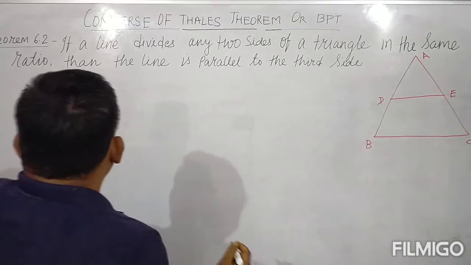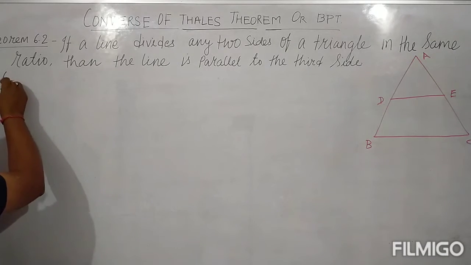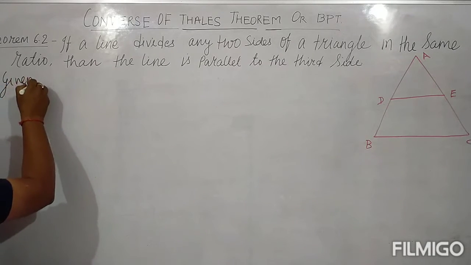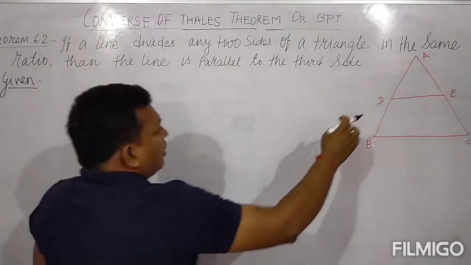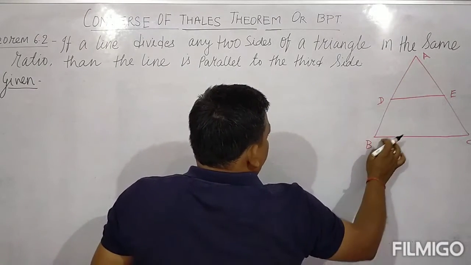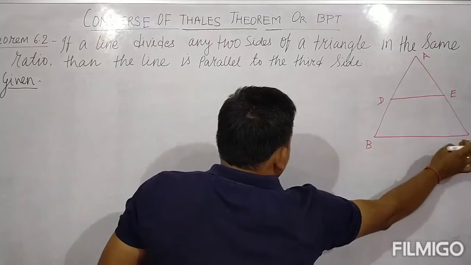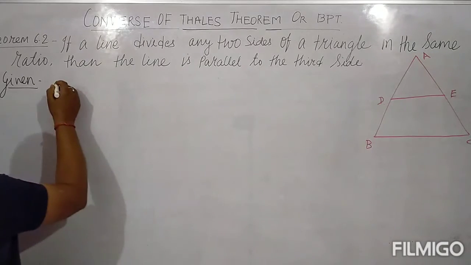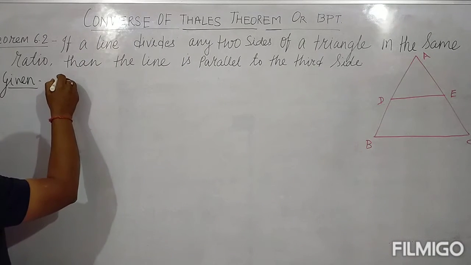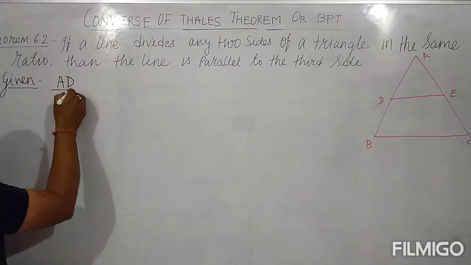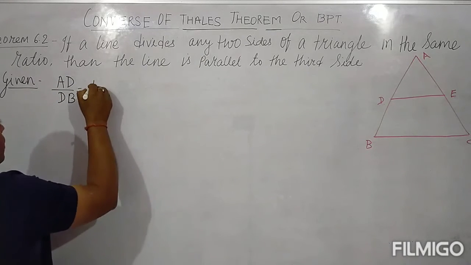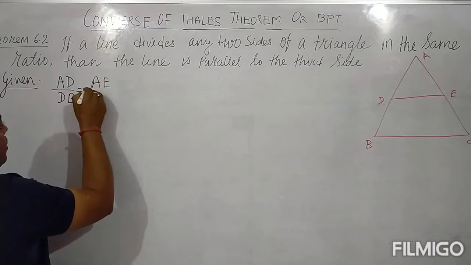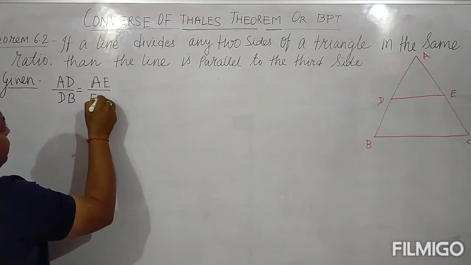So let us see what is given here. First, what is given? Given that AD by DB equals to AE by EC.